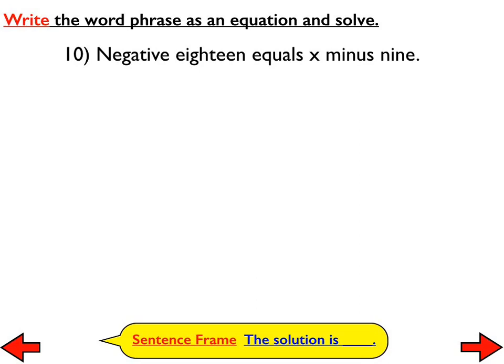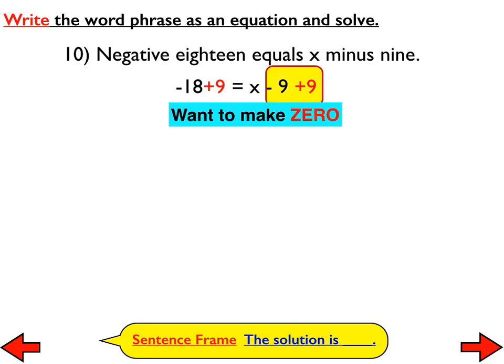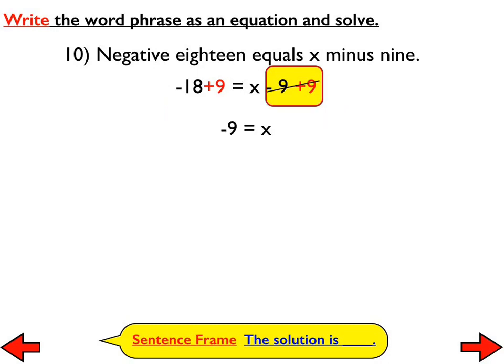Daniel, what does your equation look like? Negative 18, like, I put negative 18 equals x minus 9. Yeah, you just kind of follow the words, right? You basically read the exact sentence that was there. If I did ask you to solve it, we would have to subtract 9 from both sides because we want to make 0 right there. And negative 18 plus 9 is negative 9. So the solution is x equals negative 9, or negative 9 equals x.